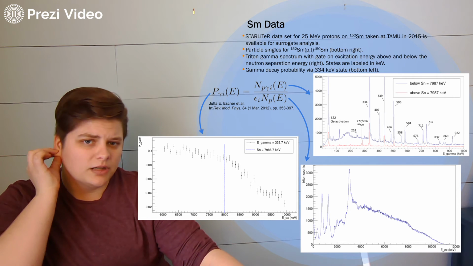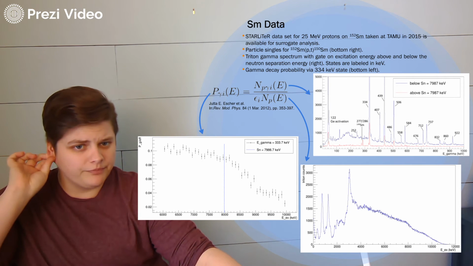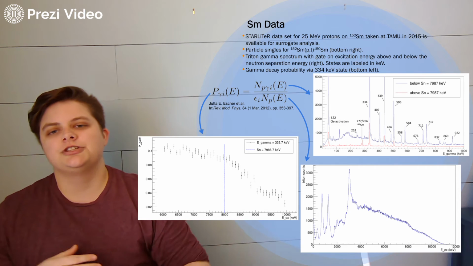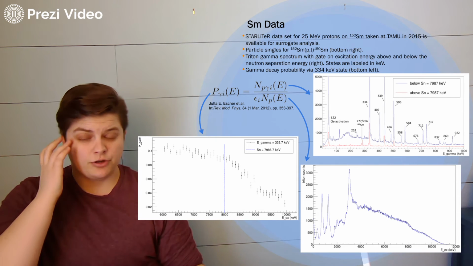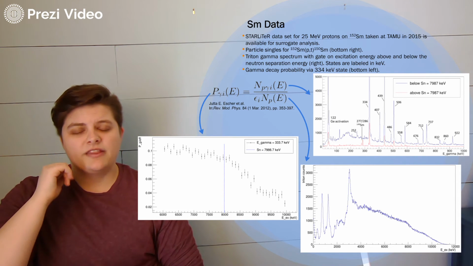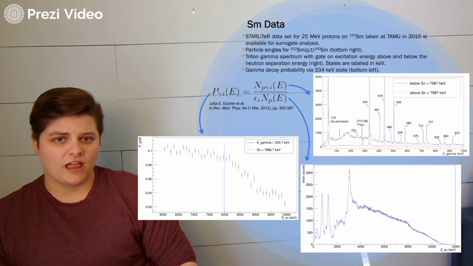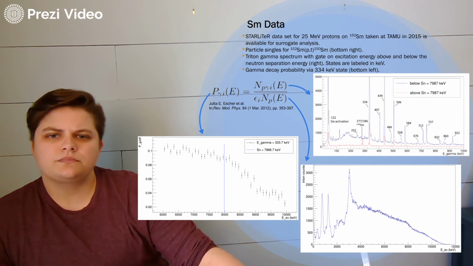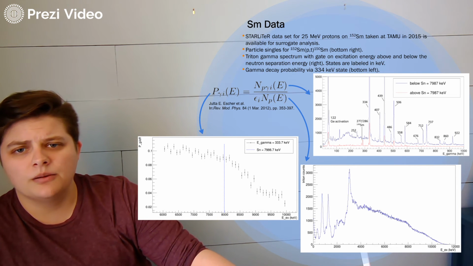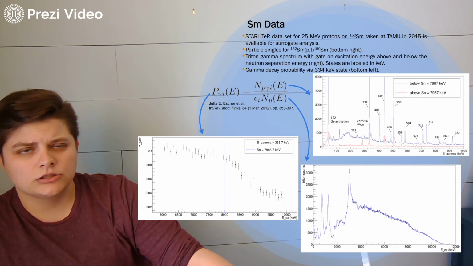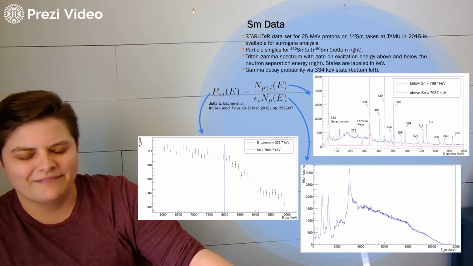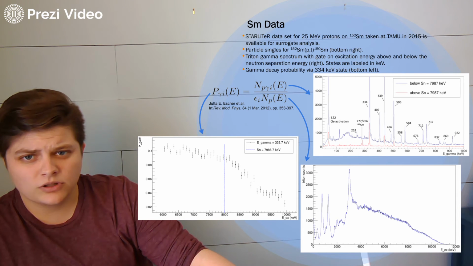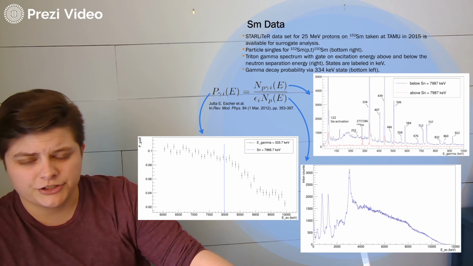And I've gated this above and below the neutron separation energy, because above the neutron separation energy, neutron evaporation becomes available. And then we're seeing gamma emission from 149 samarium as well. And here on the left, we have the resulting gamma decay probability for this particular gamma energy.